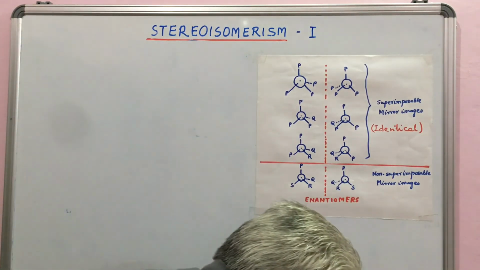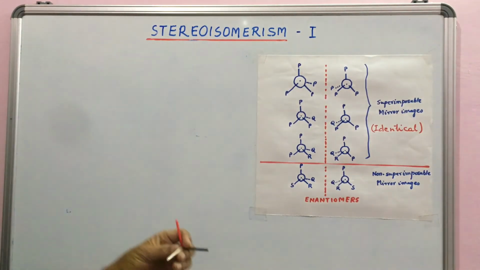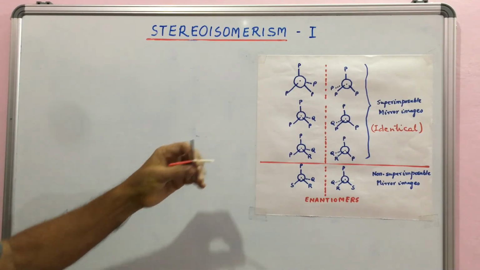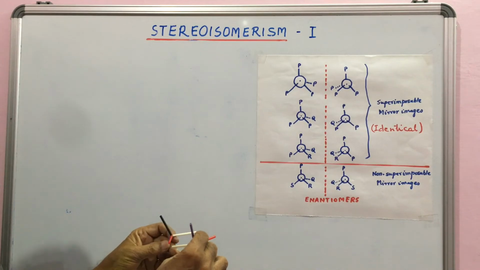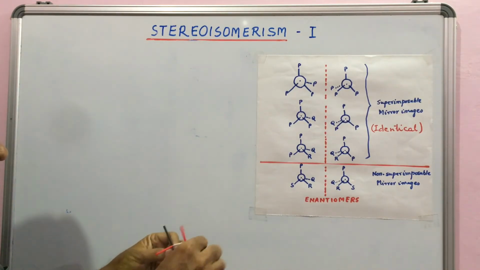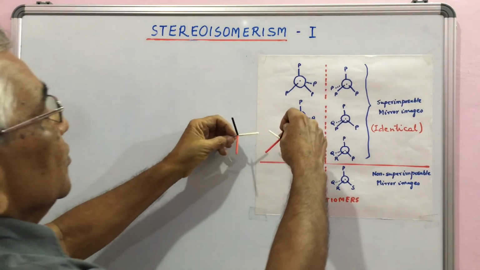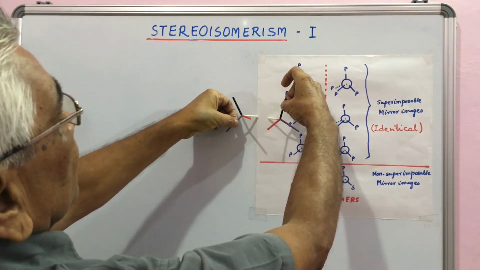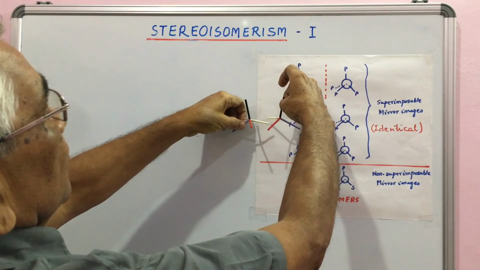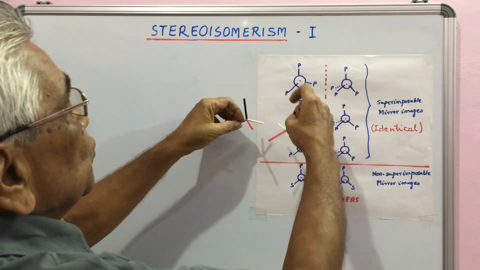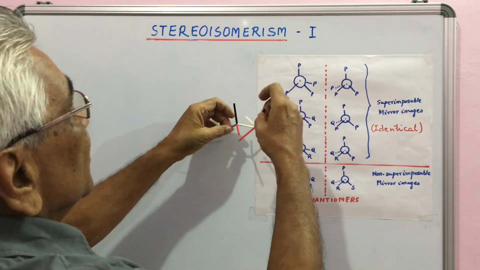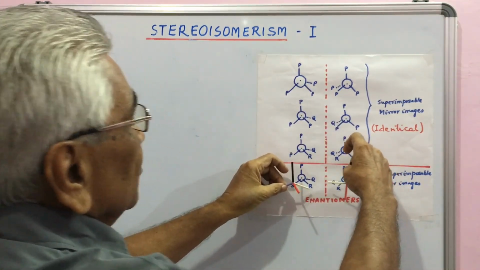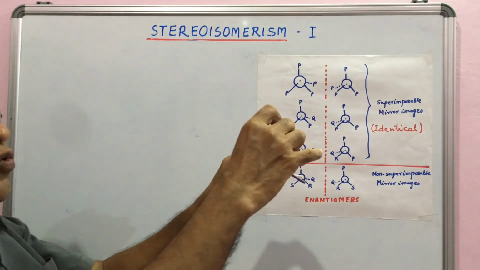But if you have all the four substituents different, I have taken by different colors, and you see its mirror image. See, this is the mirror image. I want to show you here, then when this is asymmetric, its mirror image is this, and this cannot be superimposed.